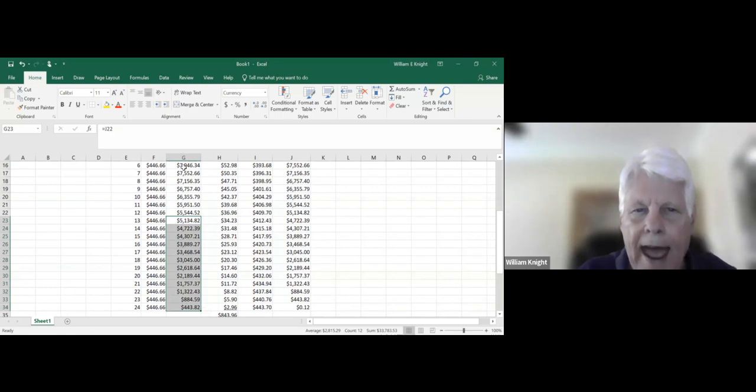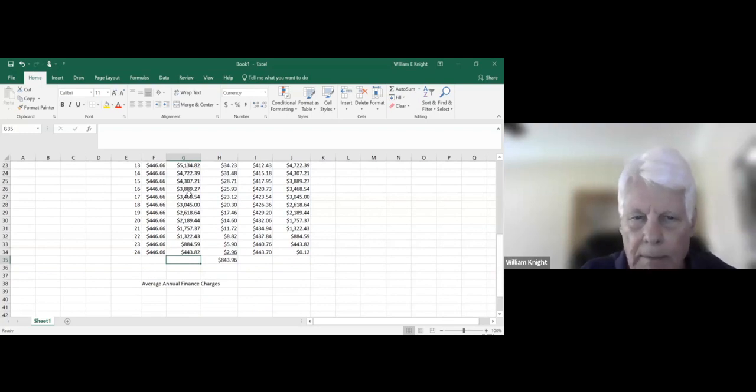So we would add up the average of that 12 plus the average of that 12 and divide it by 2. Well, as it turns out, this is going to be the sum of this column of figures divided by 24.